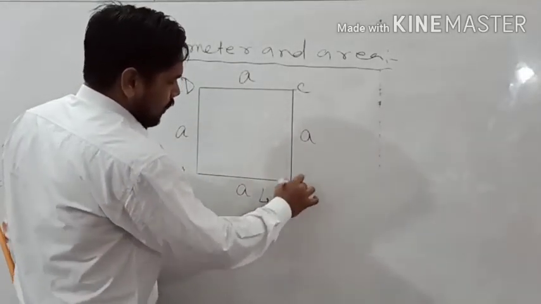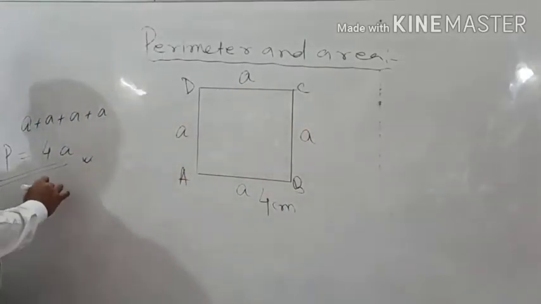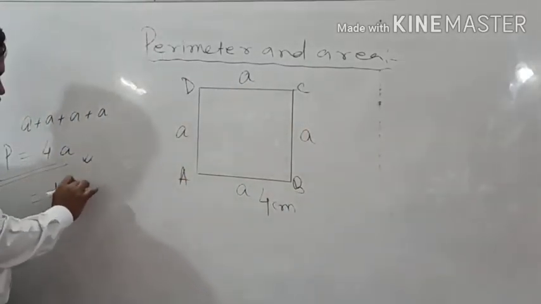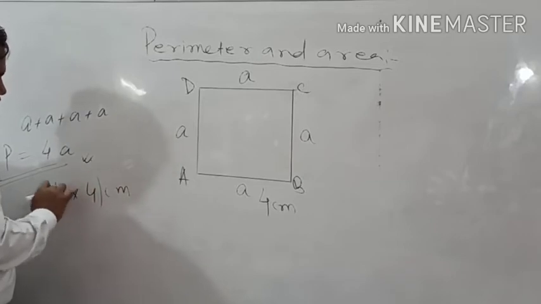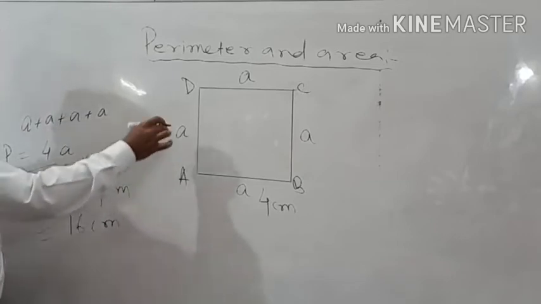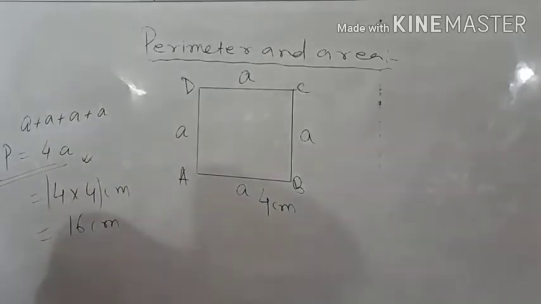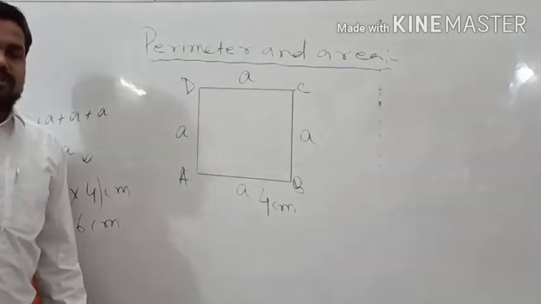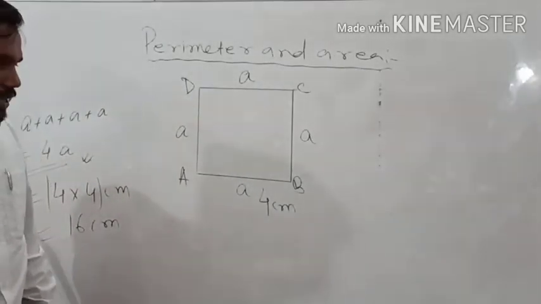Okay, so suppose I am taking this as 4 centimeter. So all the sides will be of 4 centimeter. So perimeter will be 4 into 4 centimeter. So 16 centimeter will be the perimeter of this square. So very easily this type of question will be asked in this chapter.